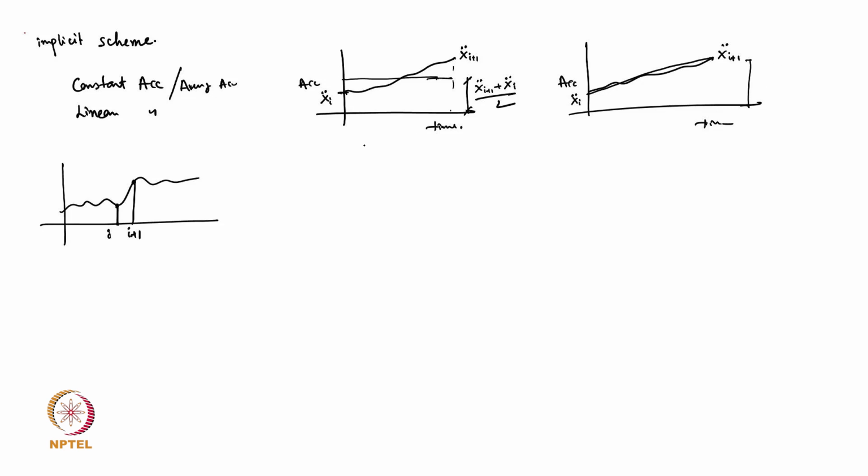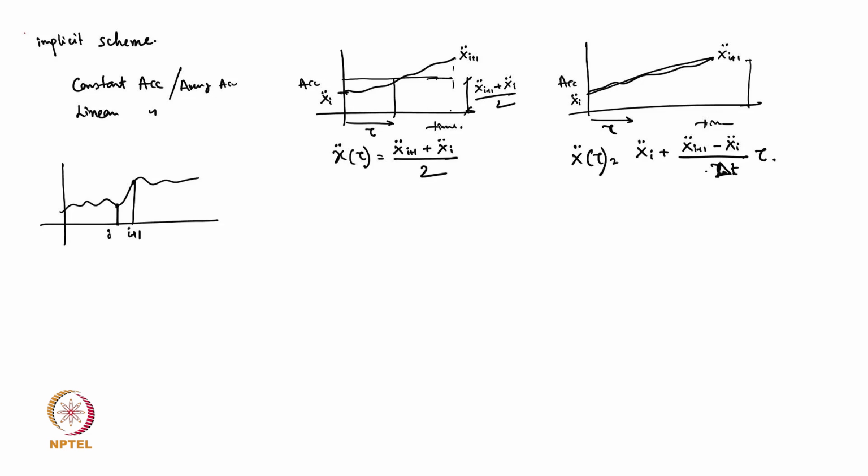So here if I try to write x at time tau, it will be x double dot i, and x double dot tau should be equal to this plus delta t into tau.